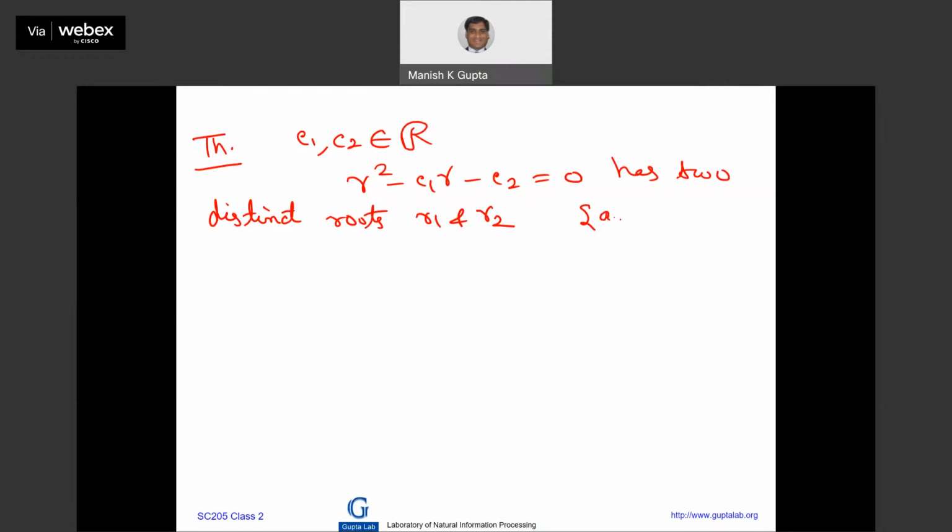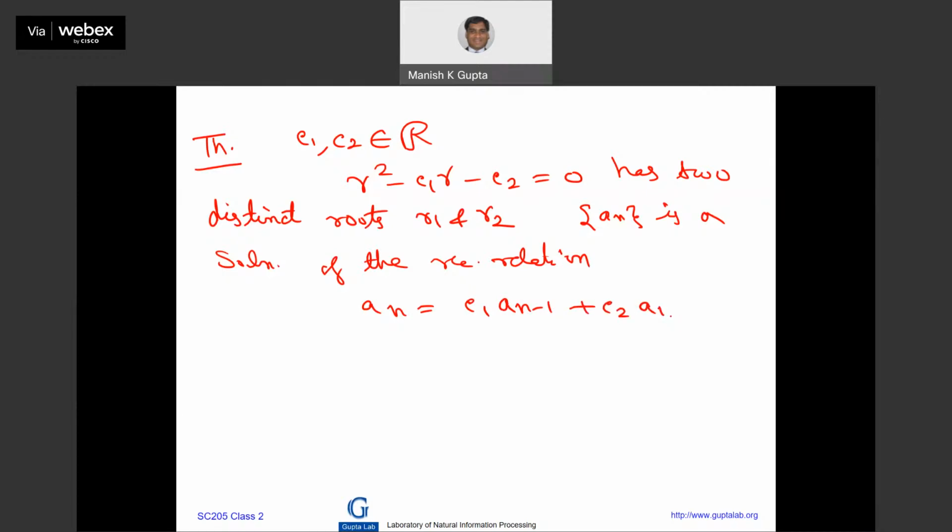Then the sequence an is a solution of the recurrence relation an is equal to c1 an minus 1 plus c2 an minus 2 if and only if an is equal to alpha 1 times r1 raised to power n plus alpha 2 times r2 raised to power n, and alpha 1 and alpha 2 are constants.